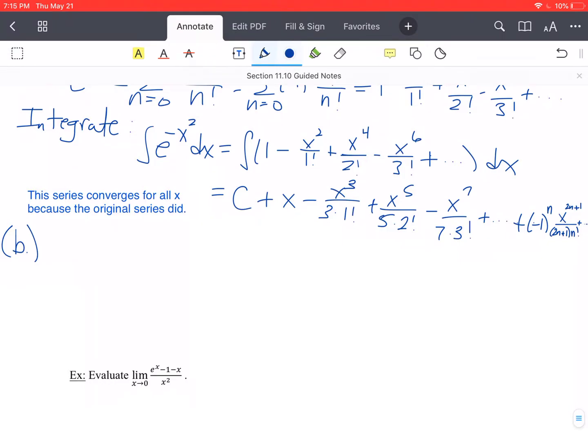So we have the integral, separate this off here.